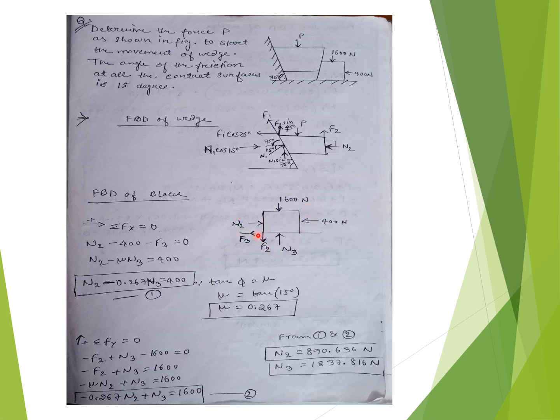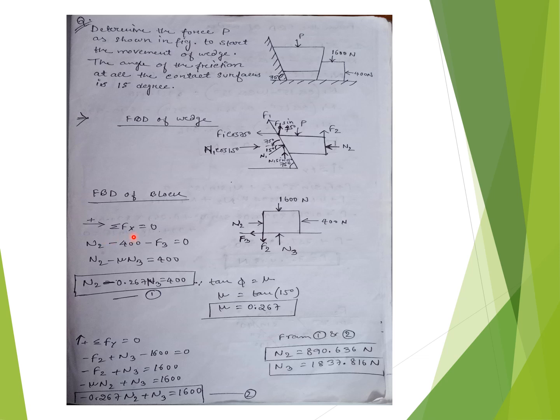N2 is the reacting force, 400 Newton is already given. N3 reacting force, the force F2 is acting here also, and F3 is the frictional force. F2 is also a frictional force, F3 is the frictional force, N2 reacting force.